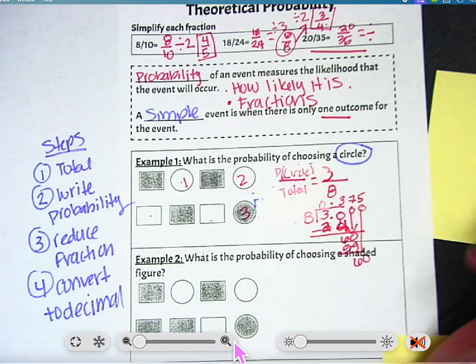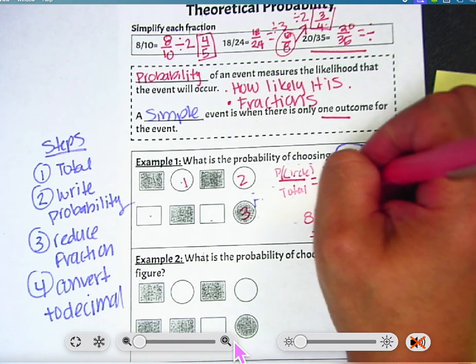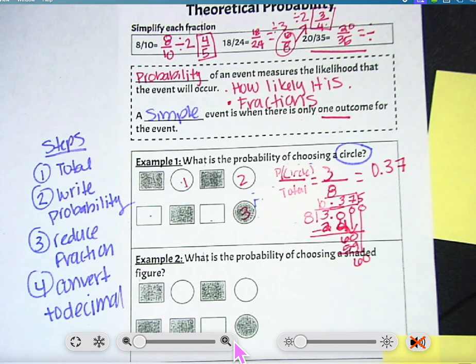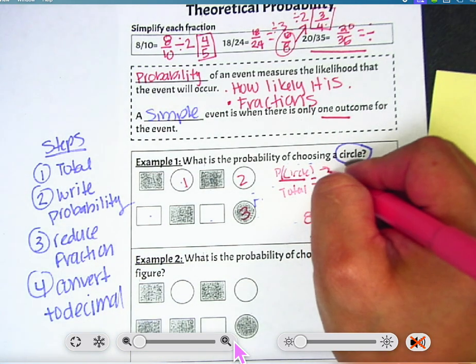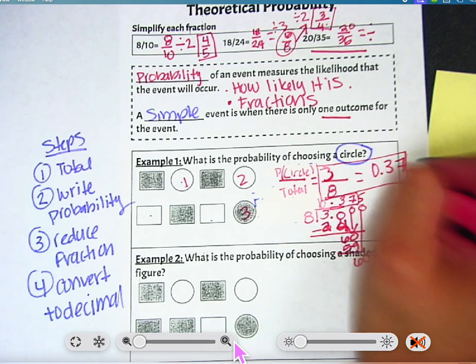Let's see. So I'm going to stop right there. You really only need to divide to 2 decimal places. So 3/8 is the same thing as 0.37. Okay. You need to do that because sometimes STAAR asks you to convert it from a fraction to a decimal. So these 2 could be your possible answers.